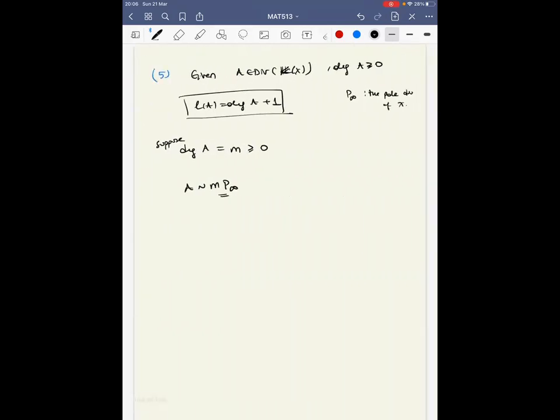And thanks to this equivalence, we know the existence of a function z which allows us to write the divisor m p infinity as the divisor A plus the principal divisor of z.